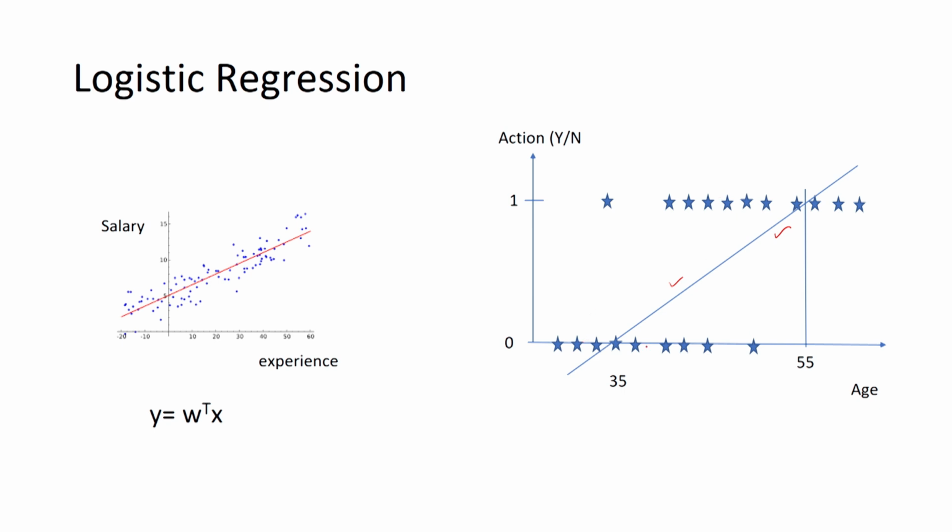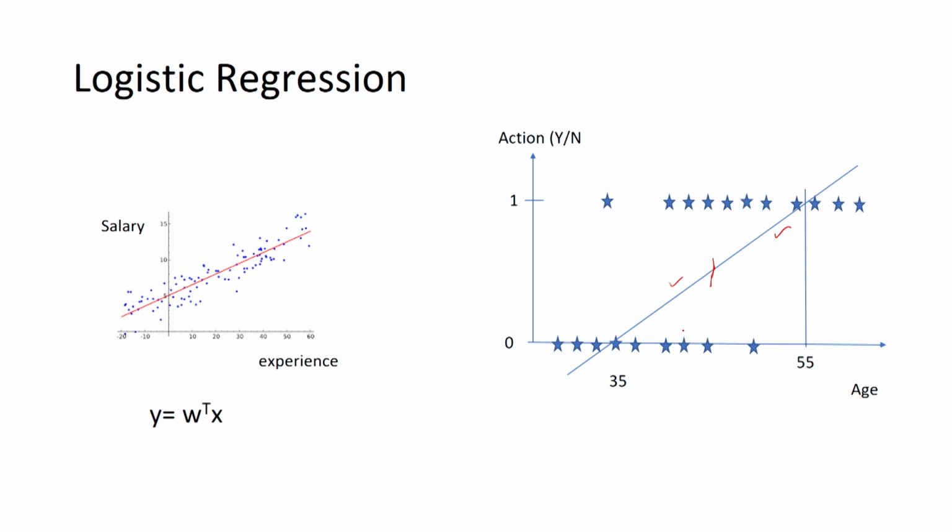Here, the values between age 35 to 55 are between 0 and 1. So, we can set one threshold here. The predicted values that are less than 0.5 we will map to 0, and all the values that are greater than 0.5, we can map to 1.